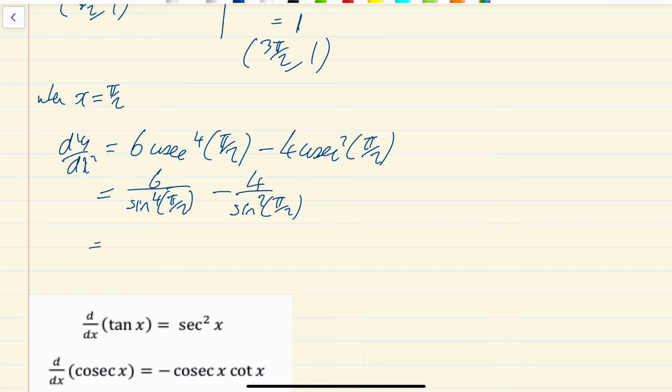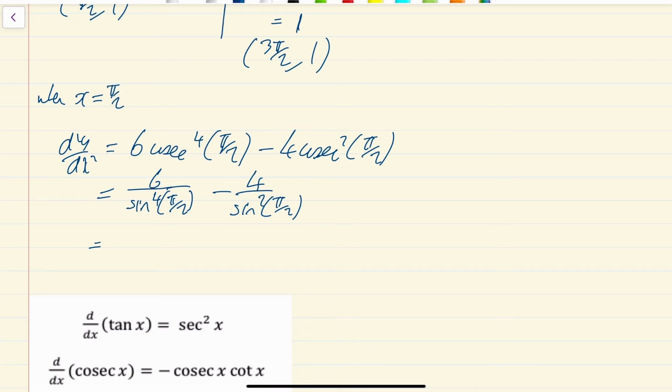So I'll use my fraction button here, 6 on the top, and then on the bottom line, I've got brackets. I've got sine of pi over 2, and then that was to the power of 4 on the bottom line. And then take away, and my fraction button, 4, bottom line, I'll do bracket, and then I'll do my sine.